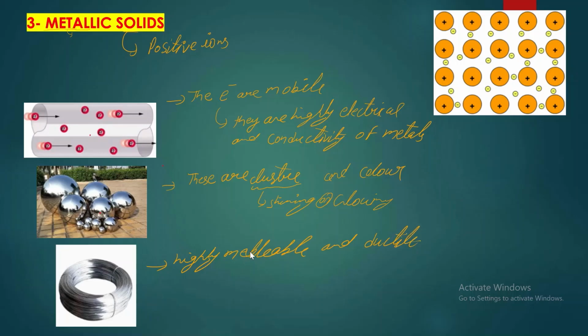Highly malleable: when we heat any metal at high temperature, the metal is ready to change its state. At that point we say they are highly malleable. And one more interesting fact is that after melting we can change the shape of the metal. Here ductile is the tendency of a metal to be drawn into a thin wire. You can see in this picture there is a bundle of thin wires. Got it clear? Good.